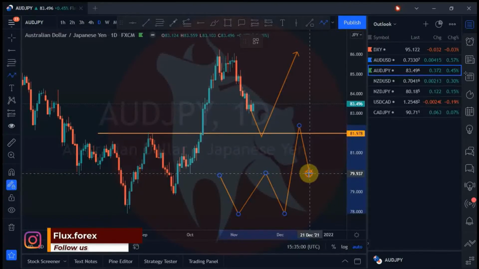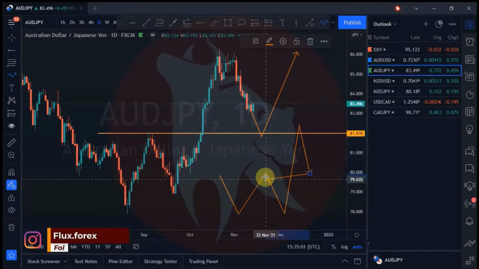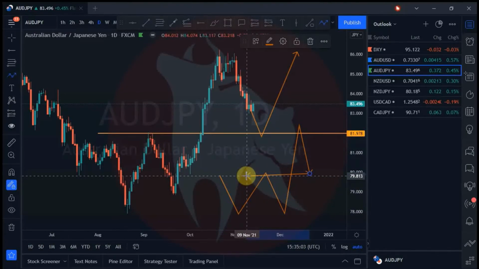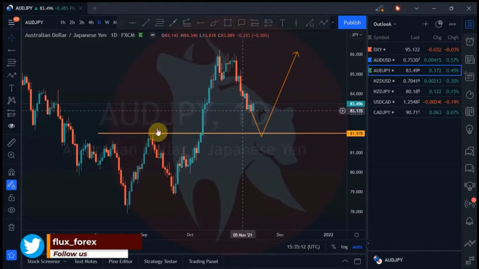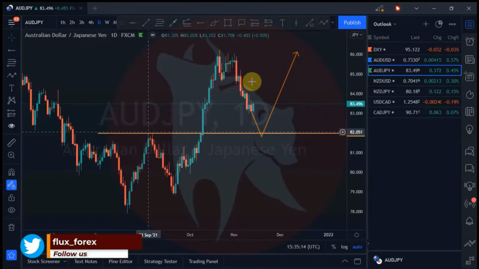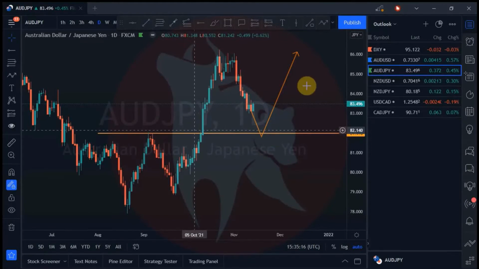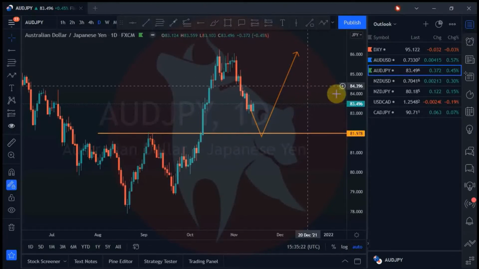That is what most people call the W formation. So that is my expectation on JPY. I'll be expecting price to come back, close the retracement at this level, and continue pushing up.